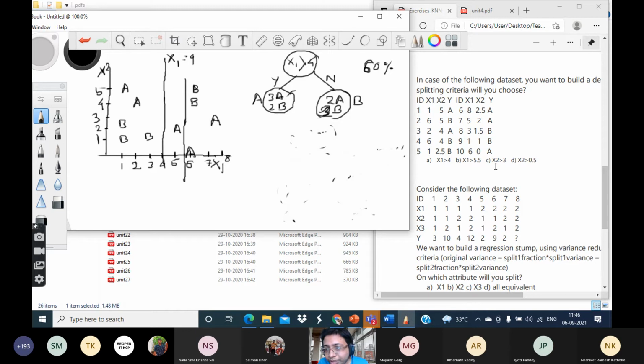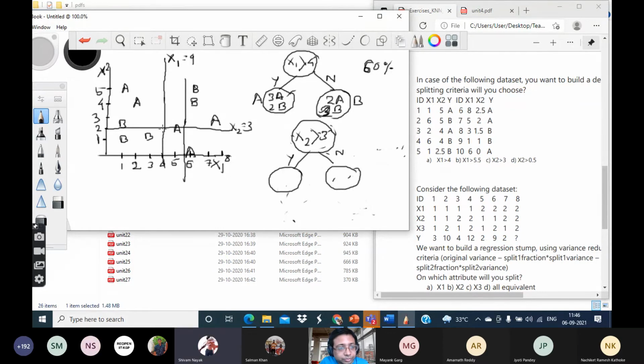Now consider choice C, which is x2 greater than 3. This is the horizontal line, x2 equal to 3. Everything above it is x2 greater than 3, everything below it is x2 less than 3.